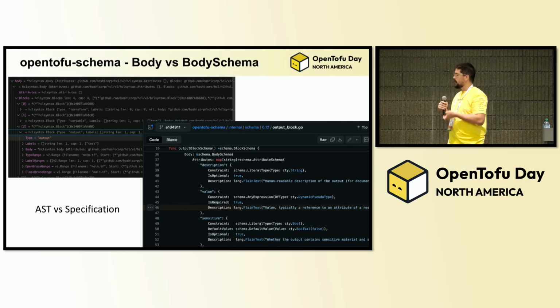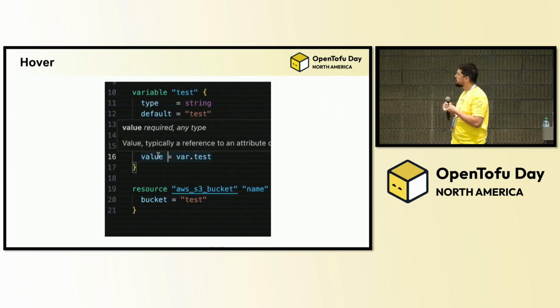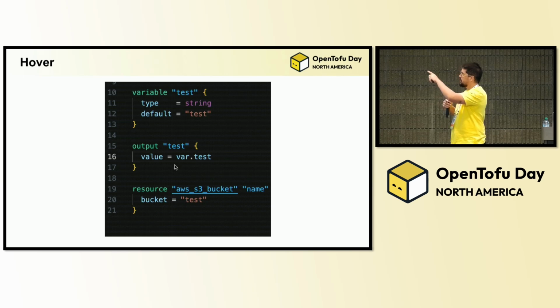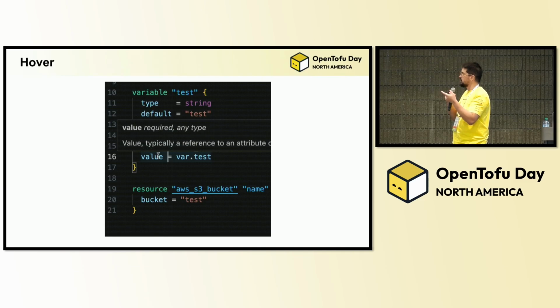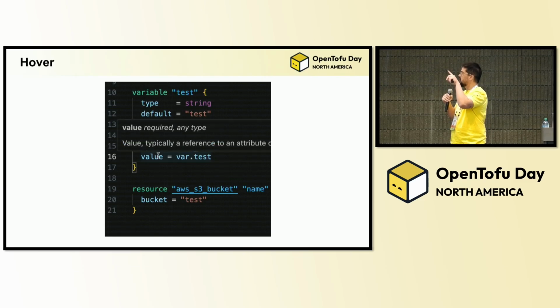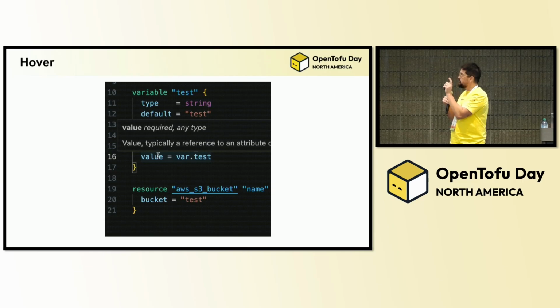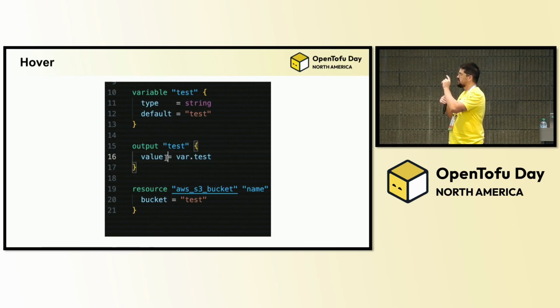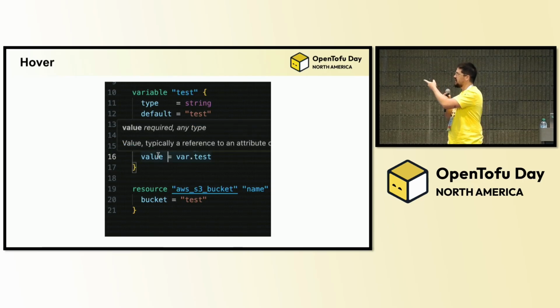For example, for this output block, everything in that block will have its position in the body. So we know where the bracket starts, where the bracket ends, where the value attribute is, where the value of the value attribute is, the var test, for example.